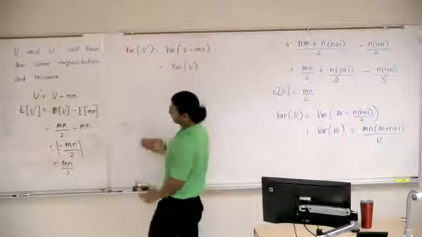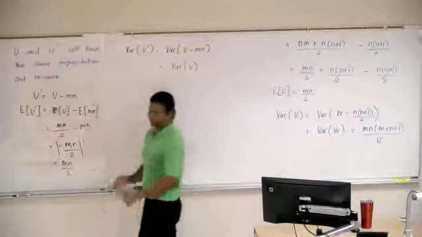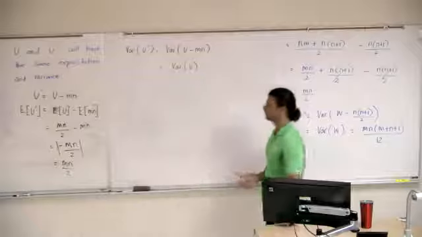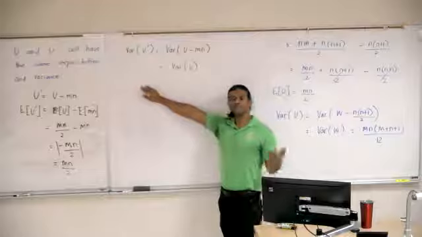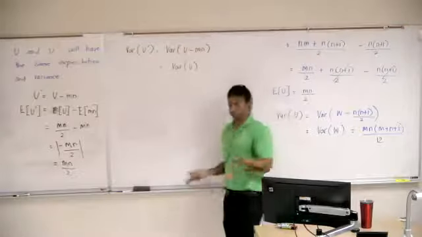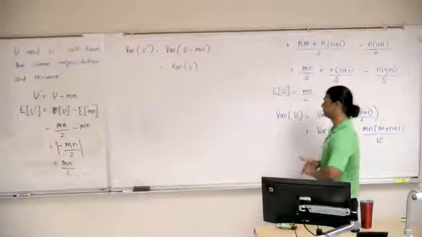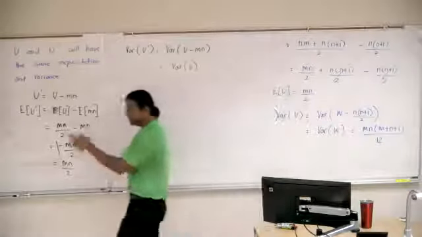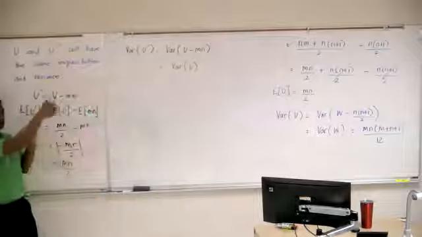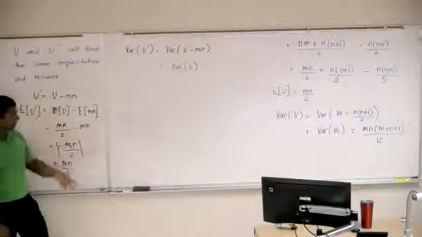So expectation of U prime would simply be equal to the expectation of U because of symmetry. Variance of U prime would be equal to the variance of U. So again, you can't have a negative expectation when your support is from 0, 1, 2, all the way up to Mn.